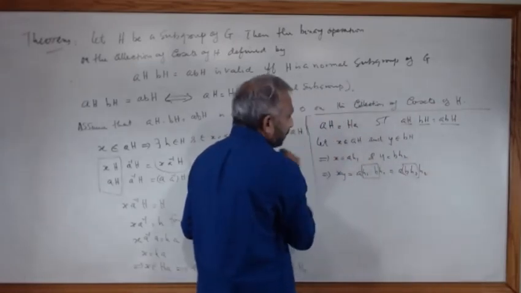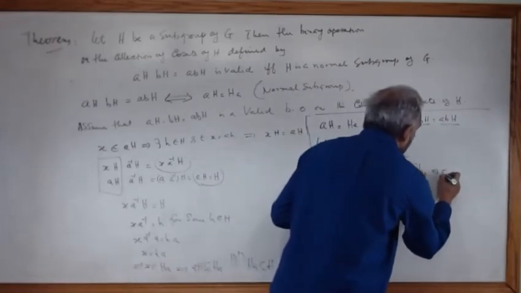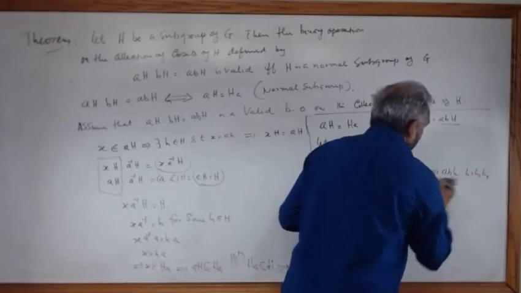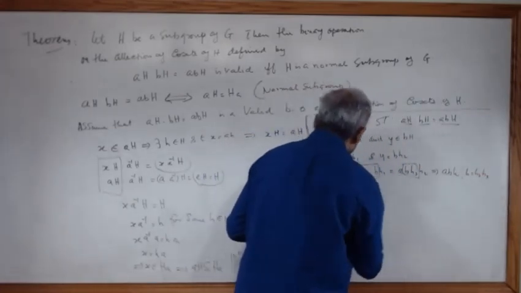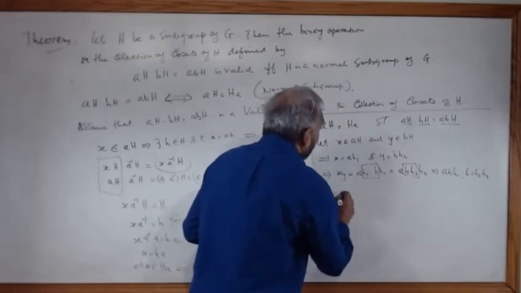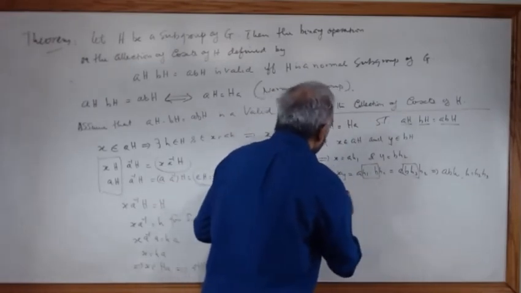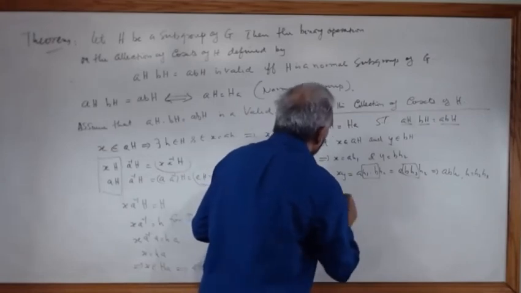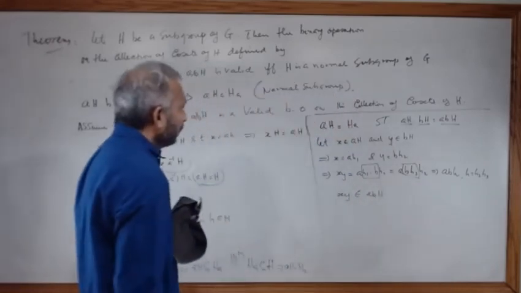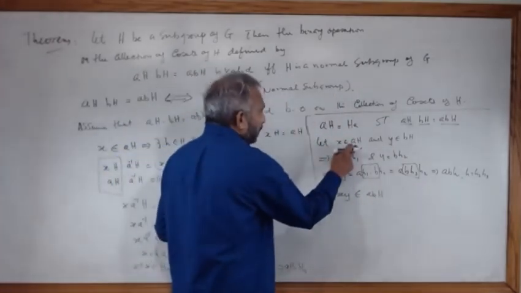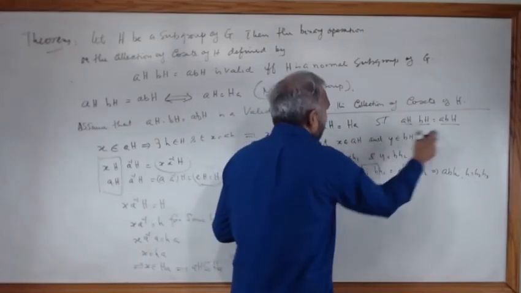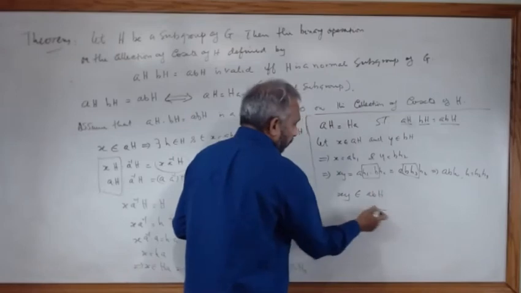This is because of this, and that implies AB times h, where h is equal to h3 h2, and that means XY belongs to ABH. See, X is a general element of this, Y is a general element of this. We want to show that XY is a general element of this, and that's what we want.